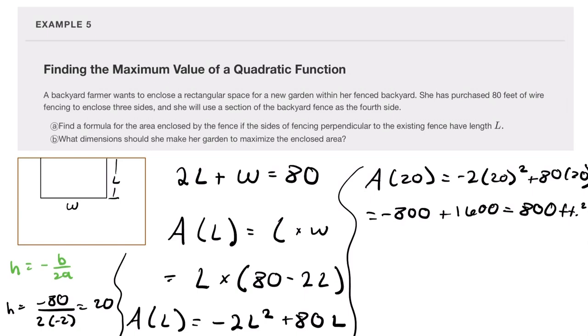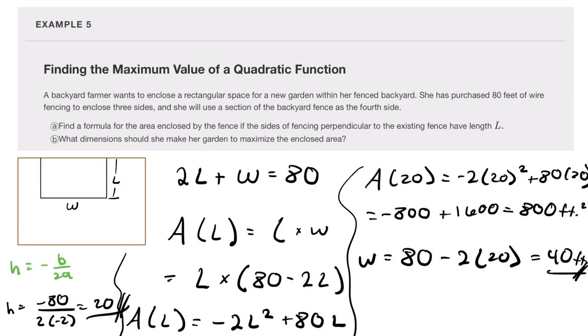And if our length is 20, so then the width, right here, let me highlight this. So then the width is going to be 80 minus 2 times 20. That's a 40, so the width should be 40 feet.